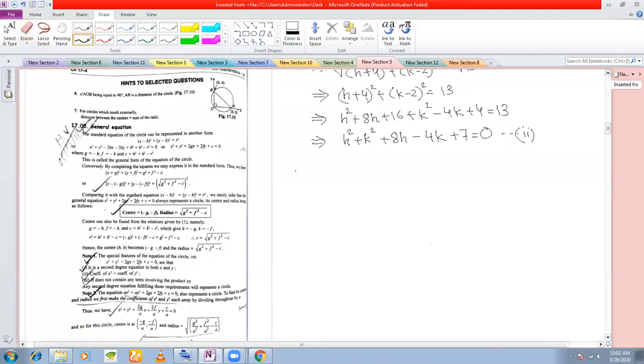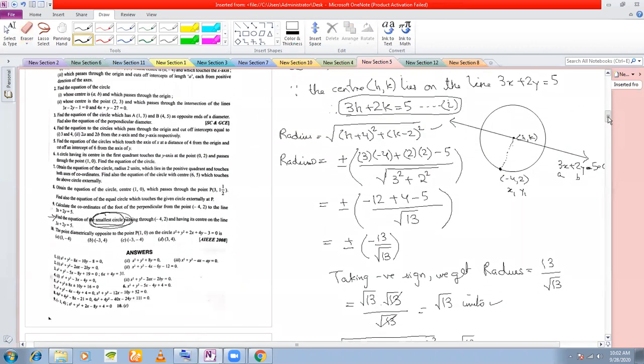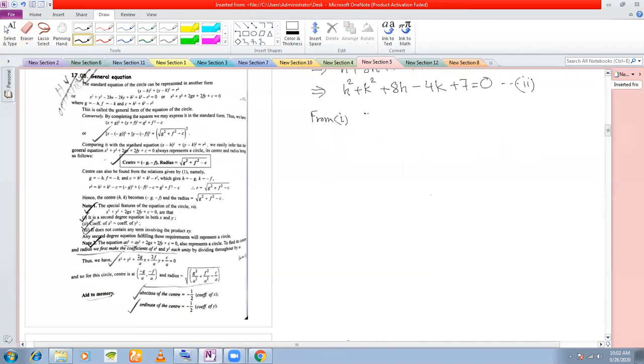So what you do here is, from 1 you have 3h plus 2k is equal to 5. That means you get h is equal to (5 minus 2k) by 3. Okay. So you put this in 2.